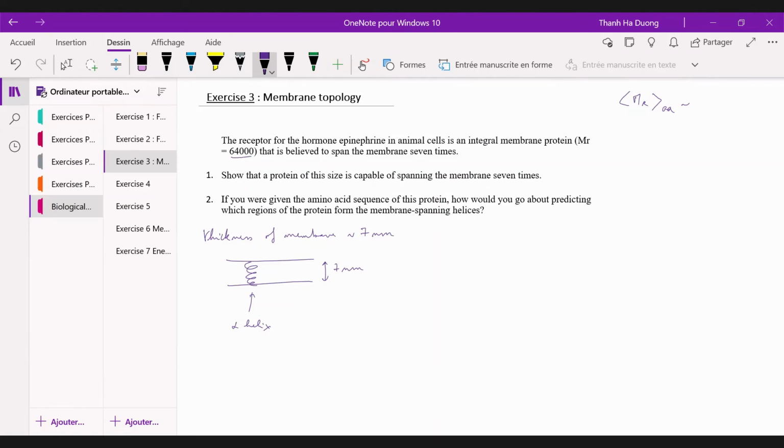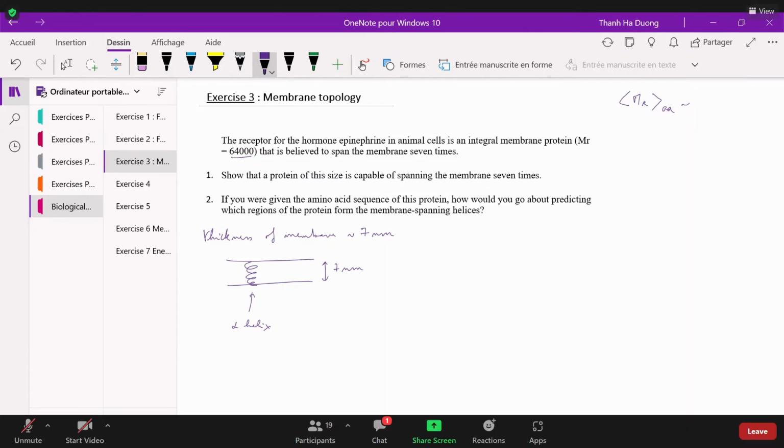What is the average mass? 110 kilodalton.